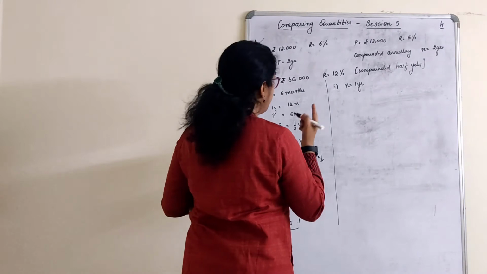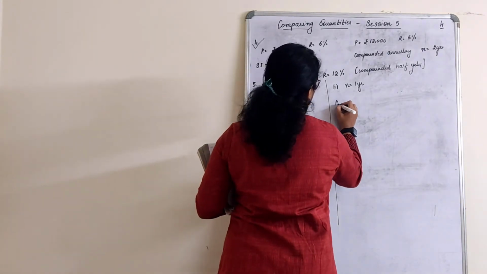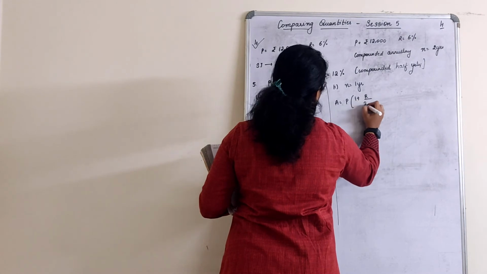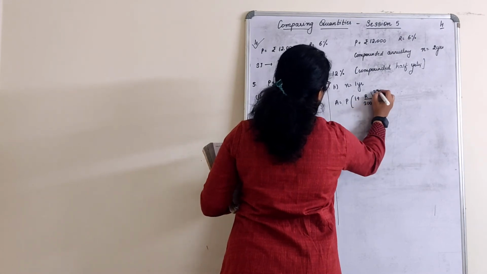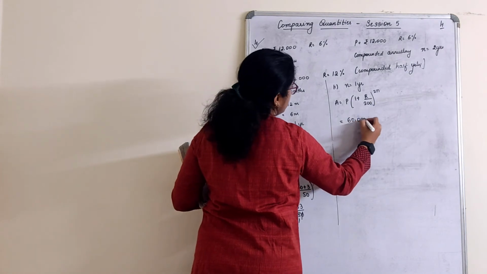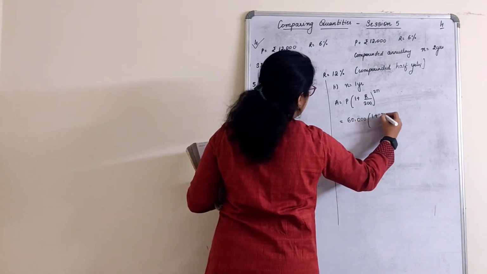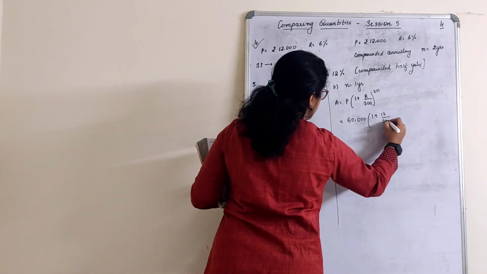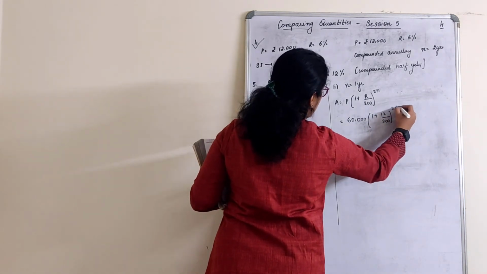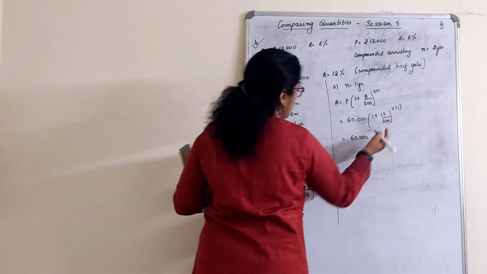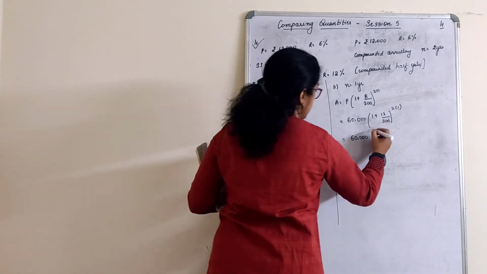Similarly, we'll do that now. Compounded half yearly for time 1 year. Amount is equal to principal, 1 plus r by 200 raised to 2n. So this is 60,000 of 1 plus 12 by 200 raised to 2 into 1. Same thing, what you get here, you're going to get the same thing now.